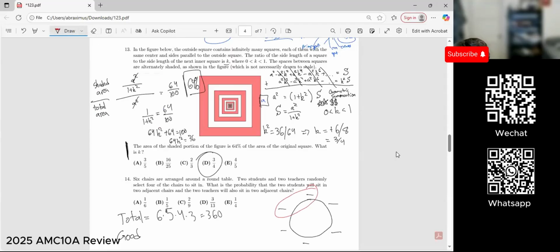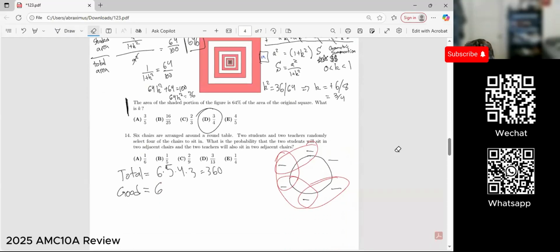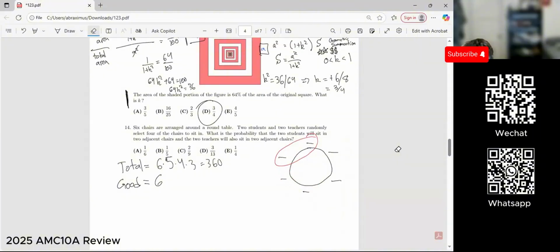When we seat the teachers in adjacent chairs, there are 6 possible ways to do that. So let's say the teachers are sitting in these adjacent chairs. Now we need the students to sit in adjacent chairs. So we could do this or this or this.